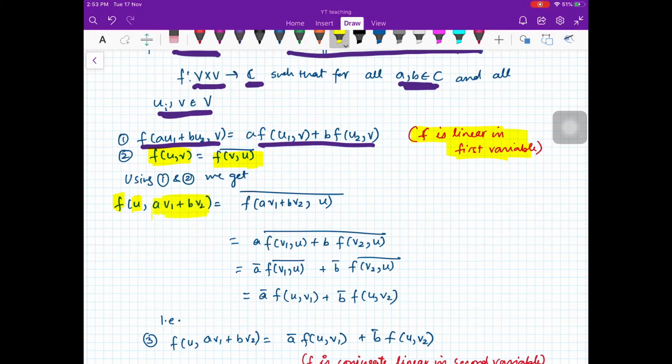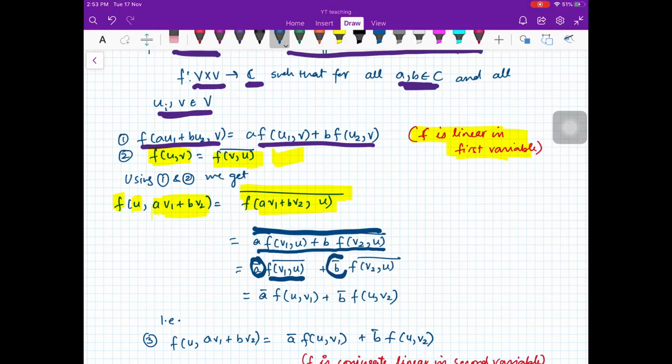In the sense that if you take f(u, a v1 + b v2), by the second property that will be the conjugate of f(a v1 + b v2, u), and now use the linearity in the first variable. This will be the conjugate of a f(v1, u) + b f(v2, u), and then you use the property of conjugate.